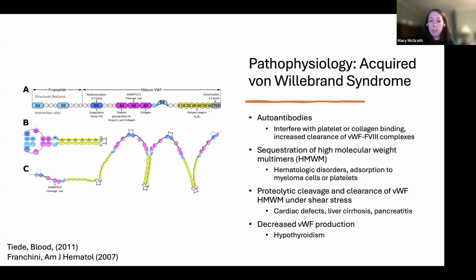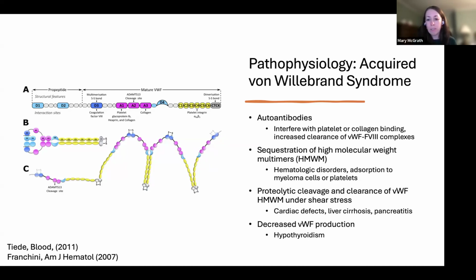There are multiple proposed mechanisms for acquired von Willebrand syndrome based on the underlying disorder. In individuals with autoimmune conditions such as lupus, it's thought that autoantibodies that interfere with the platelet or collagen binding domain can impact your von Willebrand factor function and also lead to increased clearance of the von Willebrand factor protein.